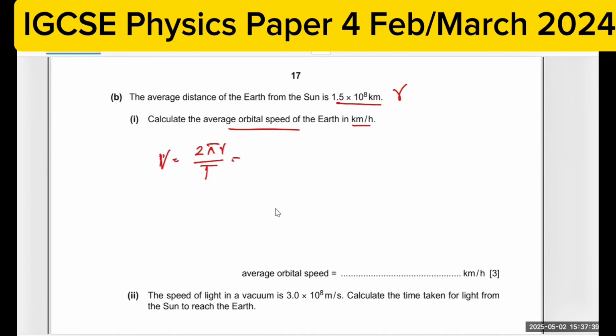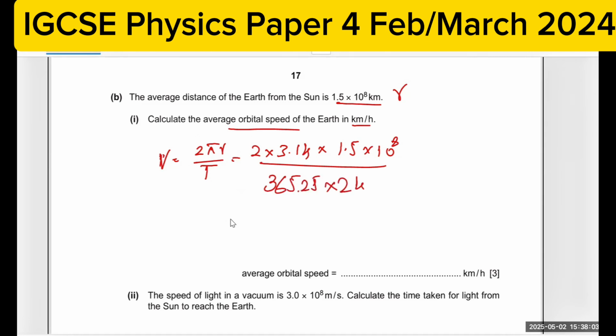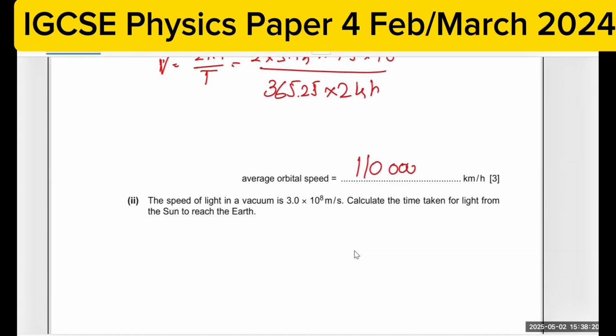So 2 times 3.14, the constant, times r, the given value, divided by the time. Earth completes its orbit around the sun in 1 year, so 365 days, 24 hours, as we need the value in hours. We calculate it, and the answer is about 110,000 kilometers per hour, the speed of the earth around the sun.